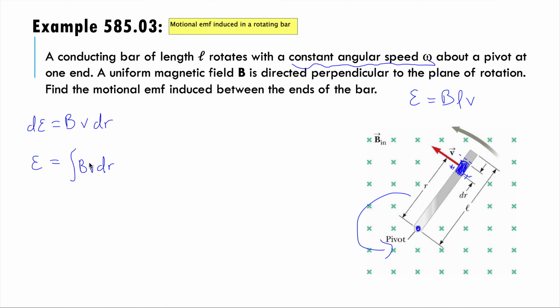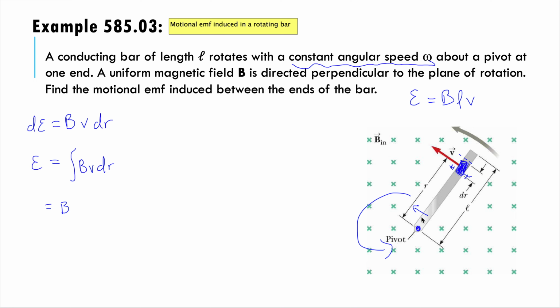Now, which of these variables depends on r? B does not, so we can take it out. But V does depend on r. If you remember from Physics 1, when you have a rotating object, all parts of the object have a different V, right?